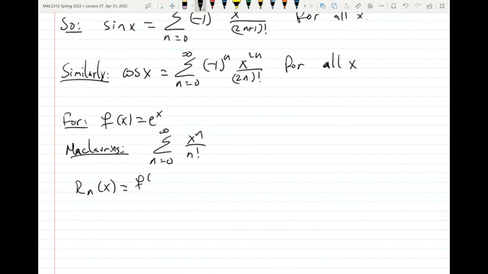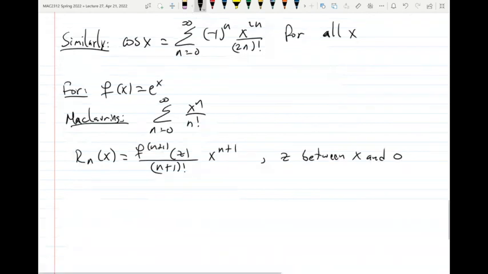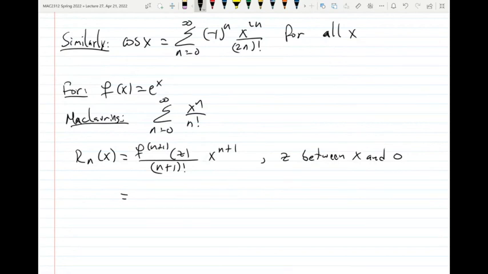Remember, this is the n plus first derivative evaluated at z over n plus 1 factorial times x to the n plus 1, and this is for z between x and 0. Now, the n plus first derivative of e to the x is just e to the x. So this is e to the z over n plus 1 factorial times x to the n plus 1. If we take absolute value, that's positive, so the absolute value is just here.